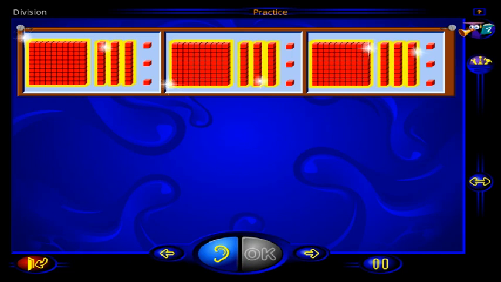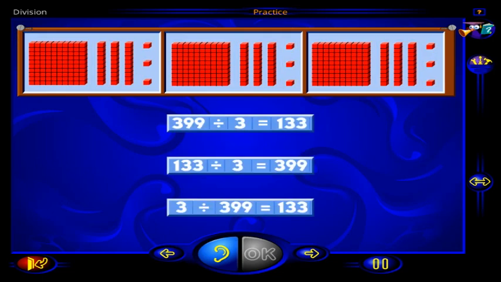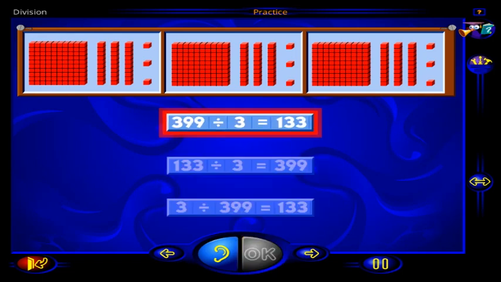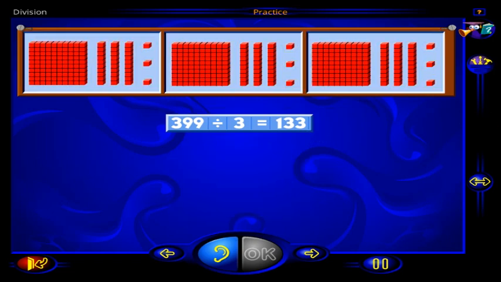These hundreds, tens, and ones have been divided into equal groups. Which number sentence shows how the blocks have been divided? Click on the number sentence, then click OK. That's it. This number sentence shows how the blocks have been divided. The total number of blocks here shows the number we're dividing.